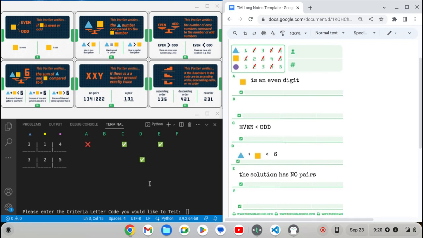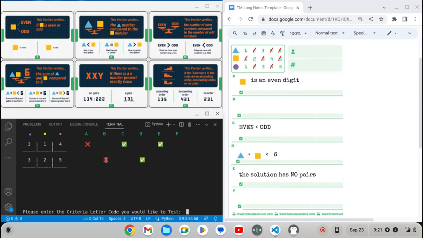And let's go ahead and test criteria card B. Okay, so in this case it is not correct. We are dealing with triangle and square, so we know it can't be equal, since we are dealing with evens and odds. And I did get it wrong. In my proposal, I have triangle being greater than square.